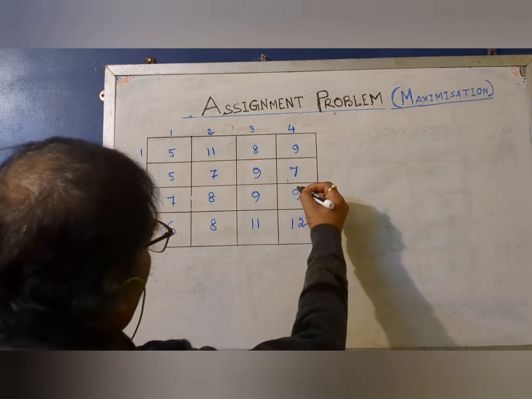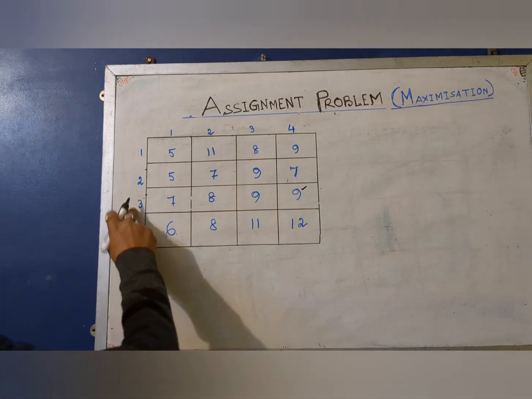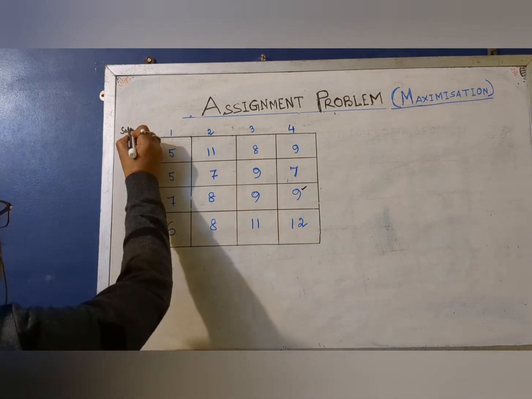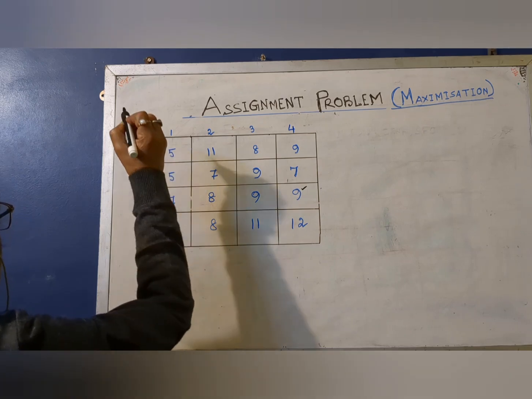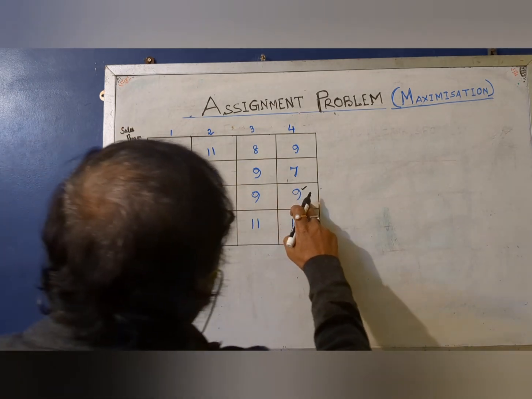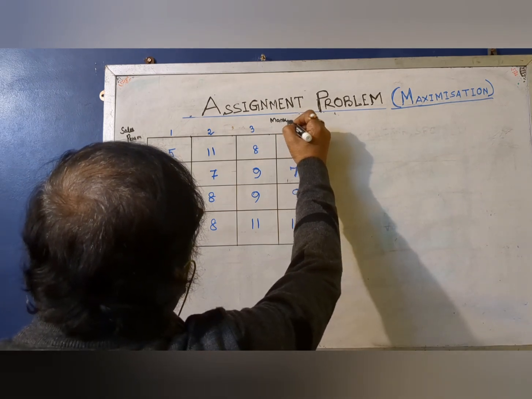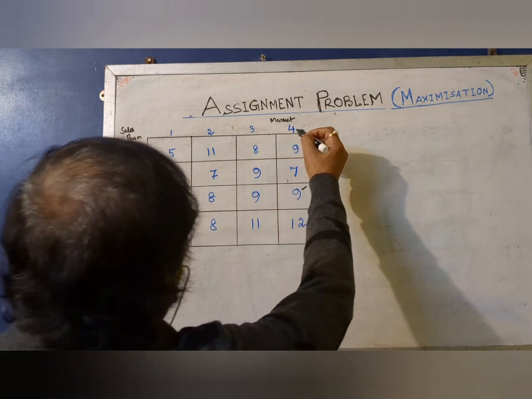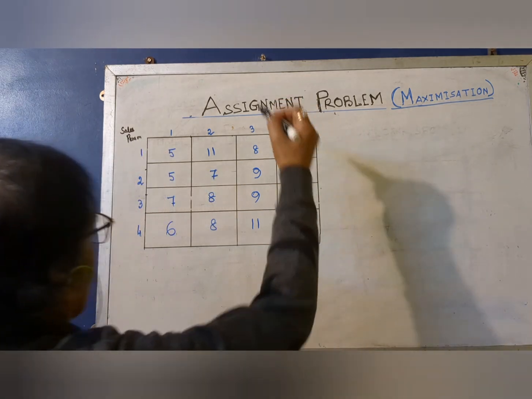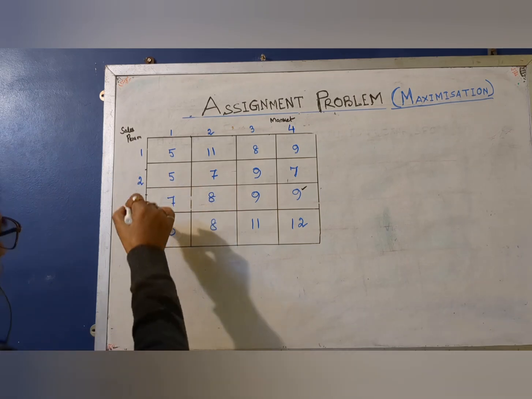I am again mentioning, say, 9. What is this? That means if salesperson 3 is attached with the 4th marketplace, the markets being in Calcutta, Siliguri, Asansol, Purulia, different places like that, and these are the salespersons, like that.